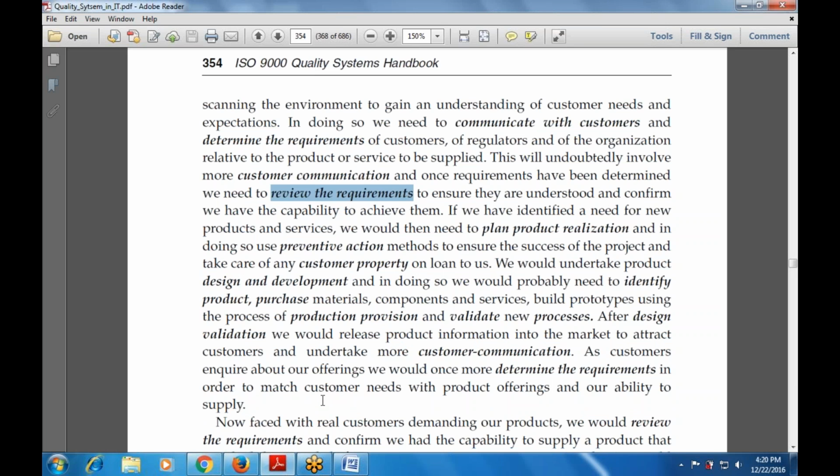And after design validation, we would release product information into the market to attract customers and undertake more customer communication. And when the customers inquire about our offerings, we would once more determine the requirements in order to match the customer needs with the product offering and our ability to supply the product.